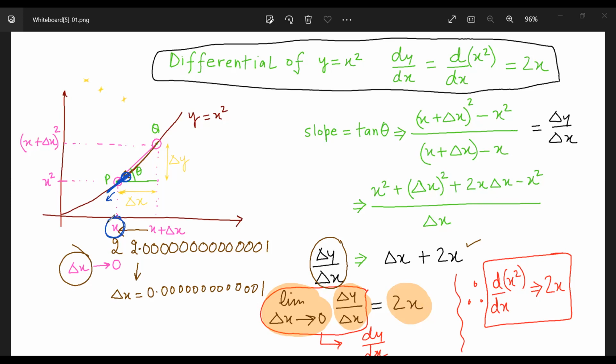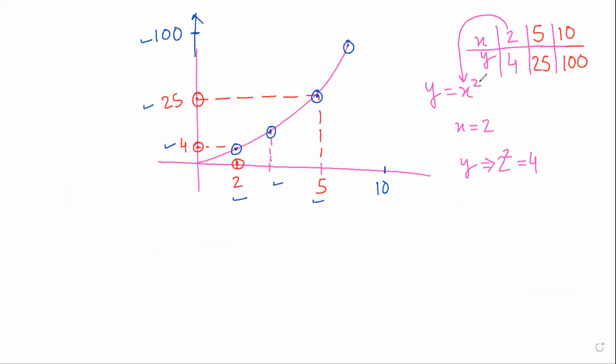So the point that I'm trying to make is that if I have to find the slope of a curve at any point, the curve being y is equal to x square, the formula that I can use is 2x. It is as simple as that. So for this curve y is equal to x square, if I have to find the slope at this point, the slope would be given by twice of 2.